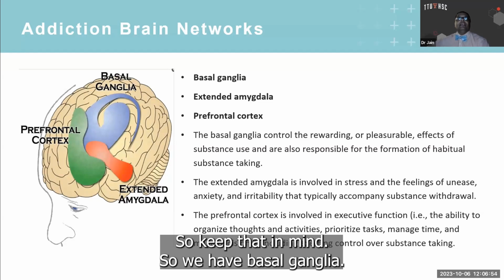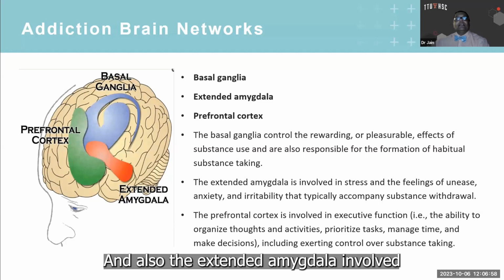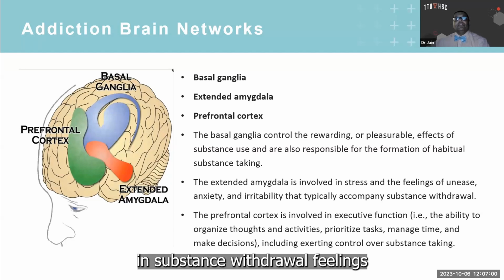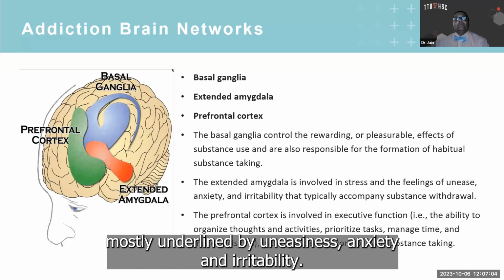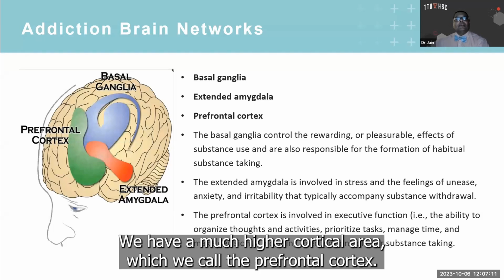So we have the basal ganglia, for rewarding and pleasurable things, and the extended amygdala, involved in substance withdrawal feelings, mostly underlined by uneasiness, anxiety, and irritability. And evolutionarily, we have a much higher cortical area, the prefrontal cortex.